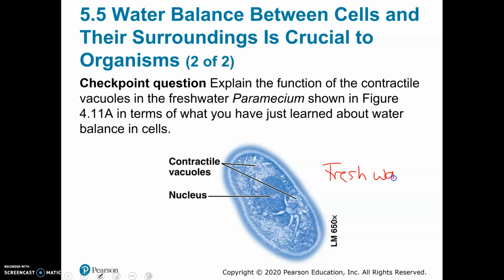So the water around them is going to be hypotonic, and they are going to be hypertonic. Water tends to come in. But the Paramecium has something called a contractile vacuole. Looks kind of like a little flower. It swells up, and it squirts out excess water. And this prevents the Paramecium from exploding.